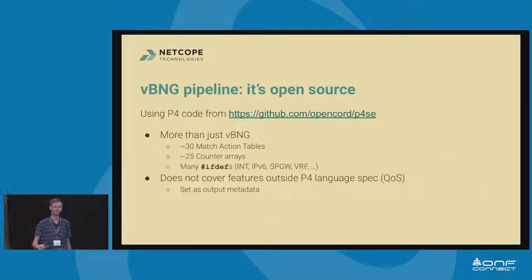Now, the details of the pipeline. We started with the P4 code that's on GitHub by DT, and actually, if you look into it, there's a bit more than just vBNG. The code is pretty big. It has around 30 match tables, 25 counter arrays, so it does a bit more.